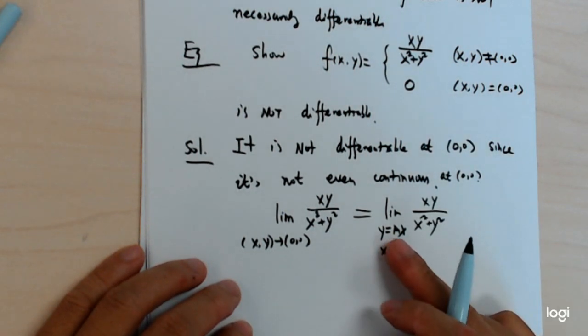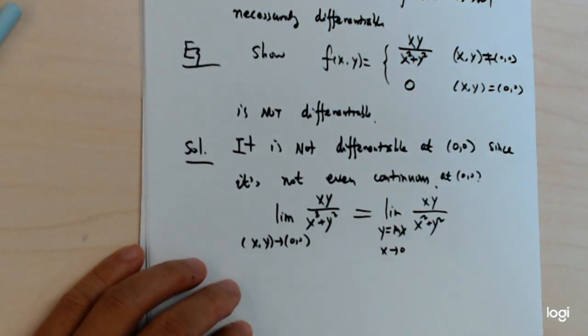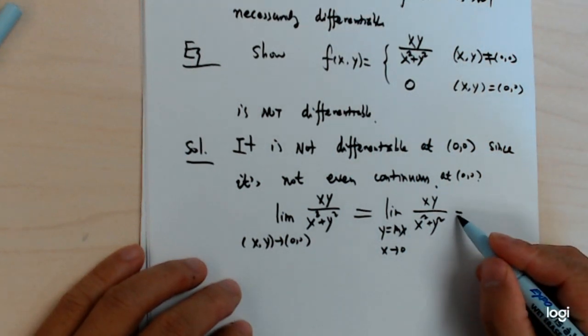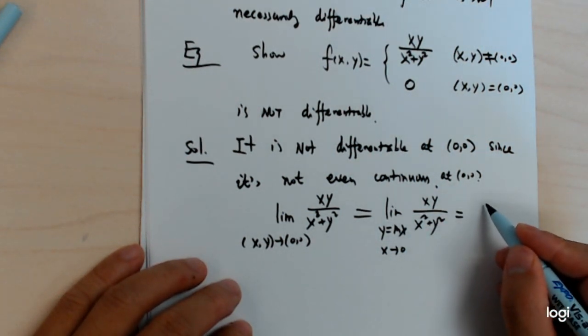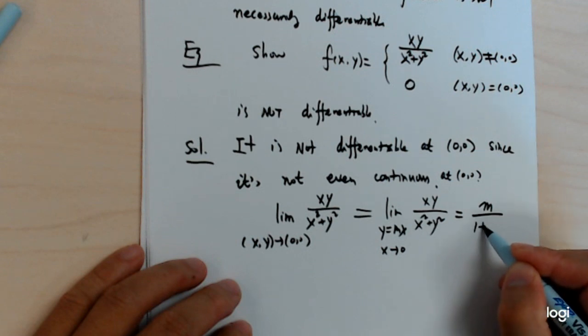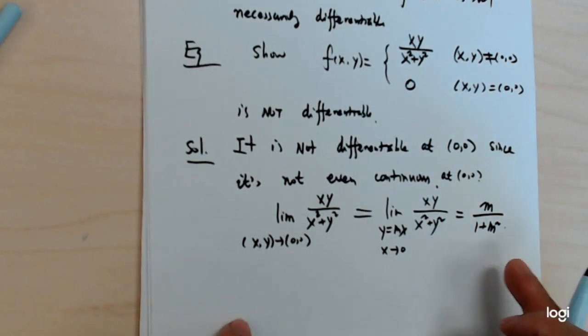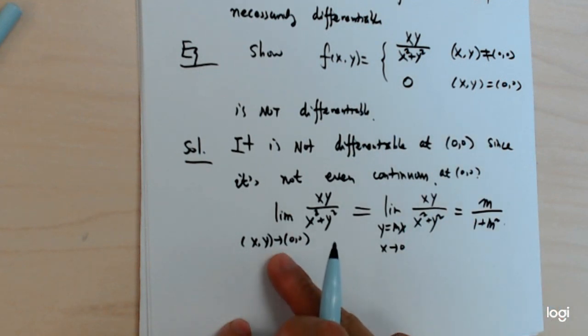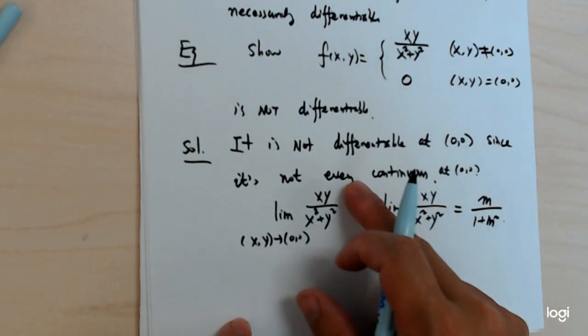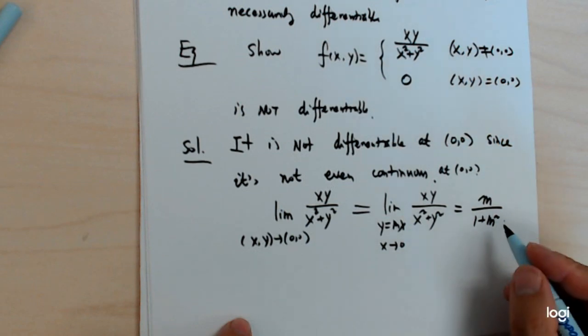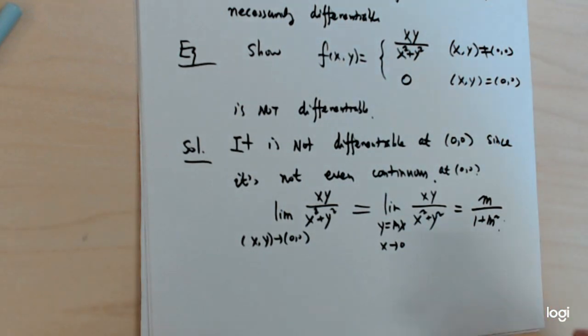So when y is always mx, a constant times x, this ratio turns out to be a constant that depends on m. This is enough to say this limit does not exist, and it cannot be continuous.